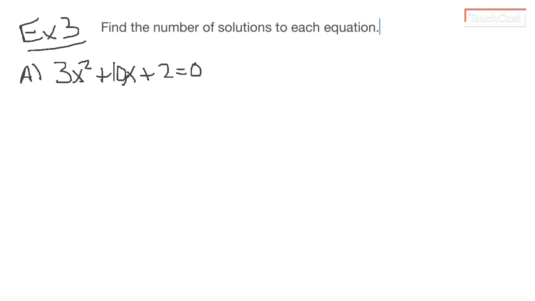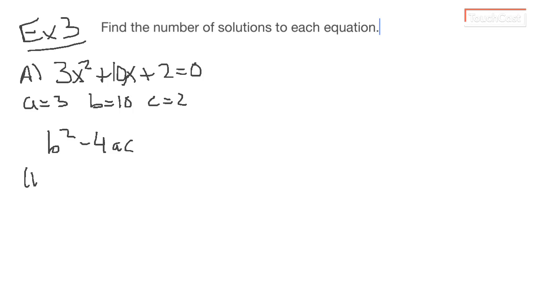So first, we do need to know our a, b, and c. So in this case, a is 3, b is 10, c is 2. We're going to take b squared minus 4ac and figure out which situation that comes under.